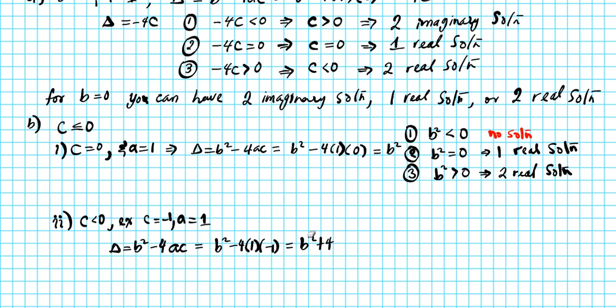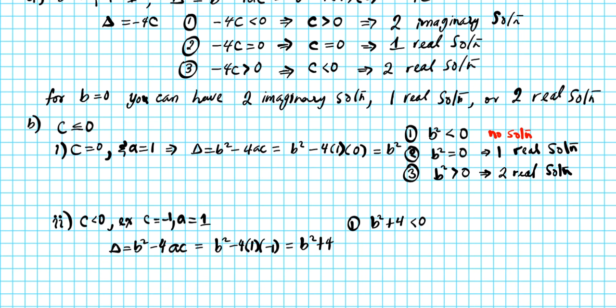This is the discriminant. Now let's take a look at the three cases and see which equation or inequality has defined solutions. So let's say we have b squared plus 4 less than 0. Does this answer make sense? Is it possible to have a real number that satisfies this inequality? To help us out, we can just subtract 4 from both sides.